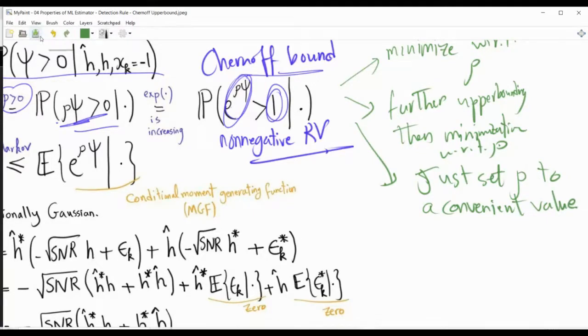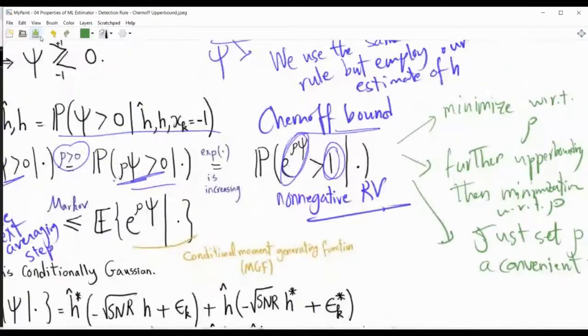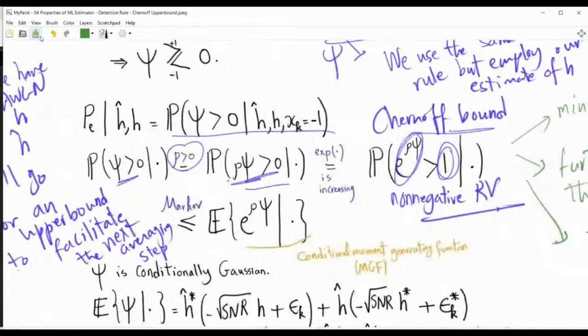Maybe there are other options, but this is what you do when you upper bound a tail probability. If you go for the Chernoff bound, you introduce this positive parameter, and then you either optimize over it directly, or you may need to do further upper bounding depending on your objective, or sometimes you just set it.